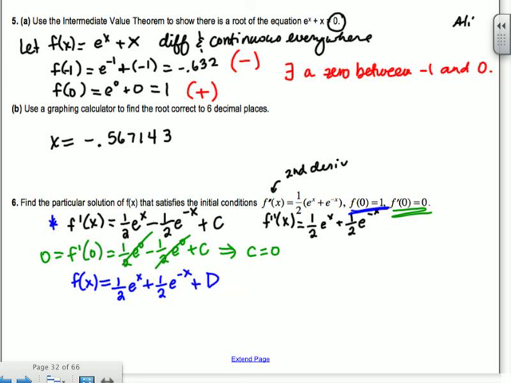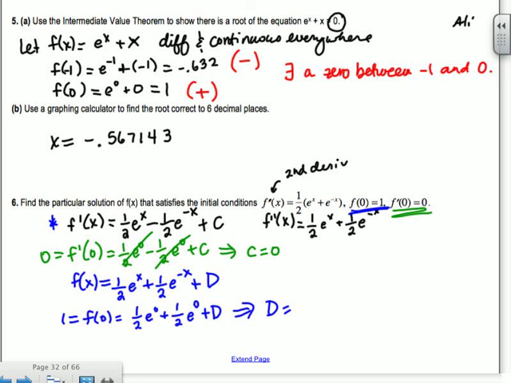All right, so we're given the other initial condition that f of 0 equals 1. So I have 1 equals f of 0. If I plug in 0, which is just 0 there, plus d, what's d? D equals 0, right?